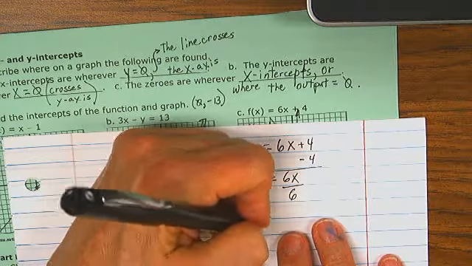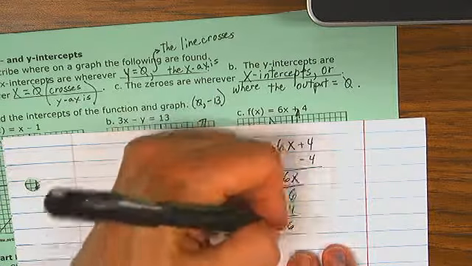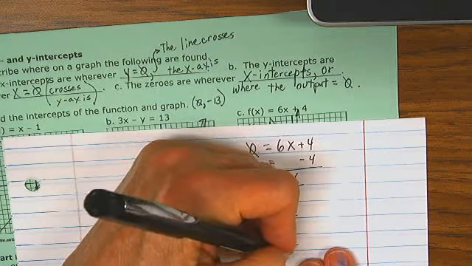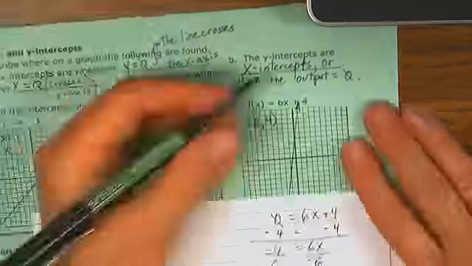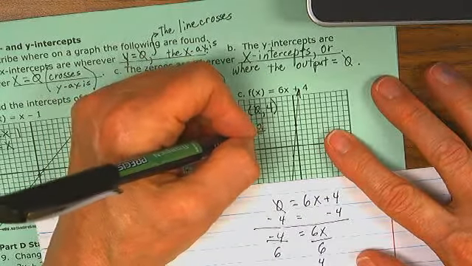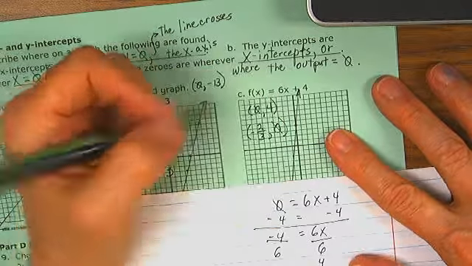That gives me x equals negative 4 over 6, and that's exactly the same as negative 2 over 3. So my other intercept is negative 2 over 3, 0. There we go.